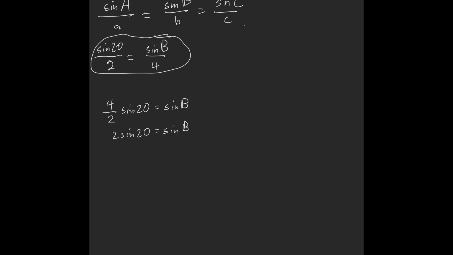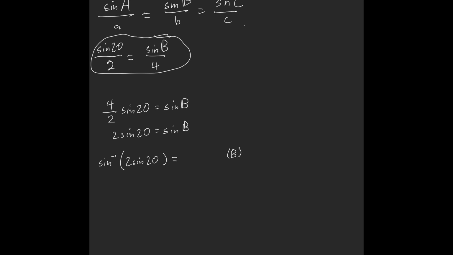If we take the arcsine of a function, it just leaves us with the degree. It takes a ratio, it spits out a degree. So we can take the arcsine of both sides. So we get arcsine of 2 sine 20 is equal to the arcsine of sine B. And since these functions are inverses, they cancel out, leaving B.